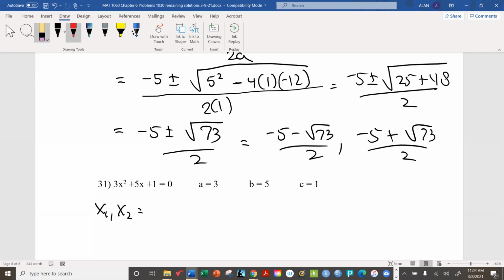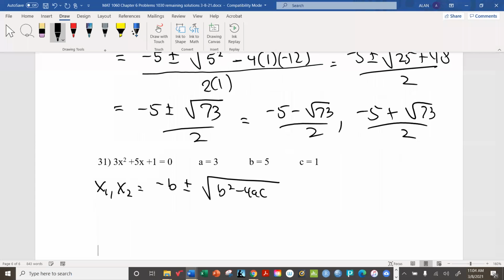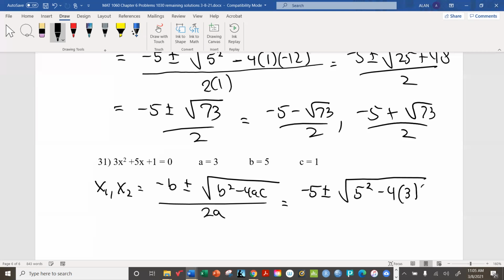Minus B plus and minus the square root of B squared, all over 2A. Minus 5. And then we have 25, or 5 squared, minus 4, 3, 1.